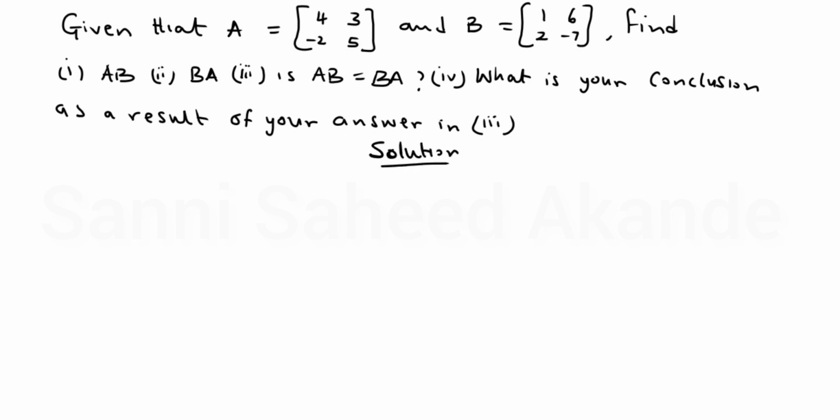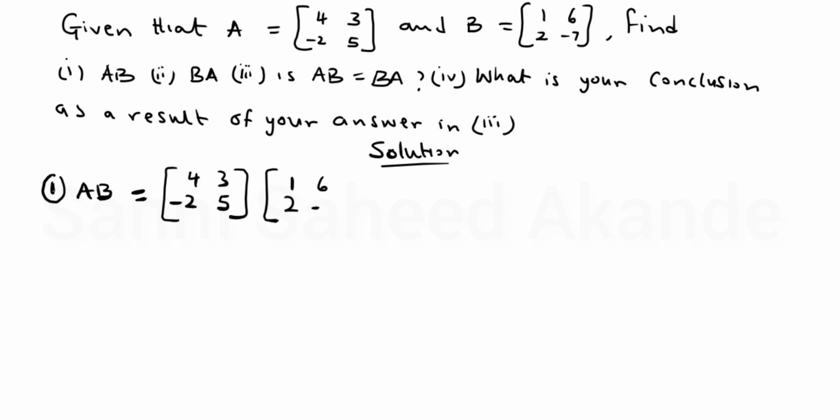We are going to begin with the first one, which is Roman figure 1. AB is equal to, so what is A? A is given as 4, 3, minus 2 and 5, times B, and B is given as 1, 6, 2 and minus 7.